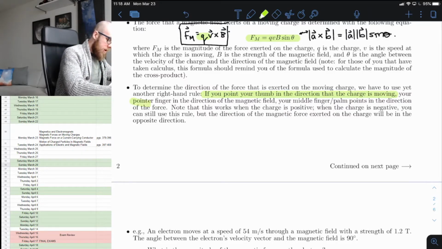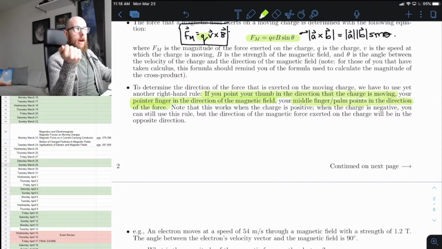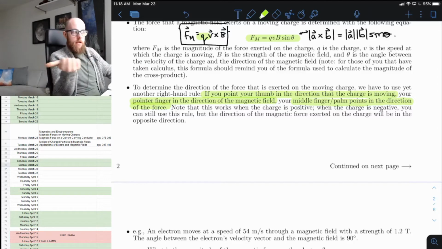Our pointer finger points in the direction of the magnetic field. And then the middle finger or palm points in the direction of the force that's exerted on the moving charge.